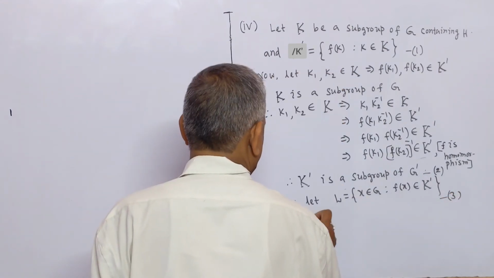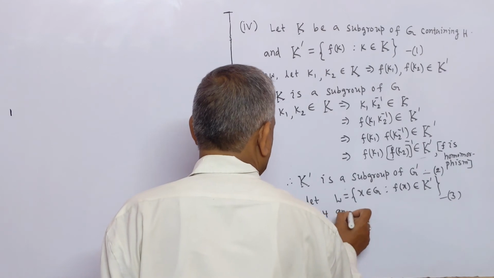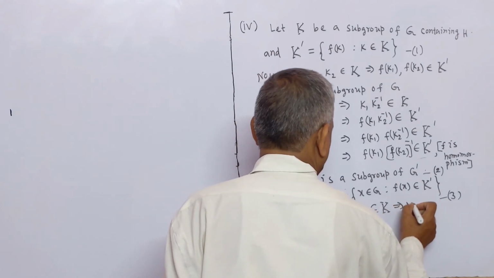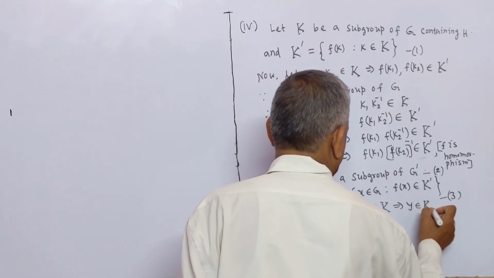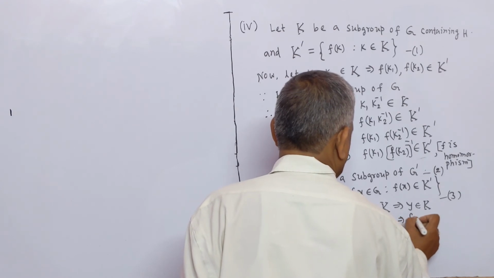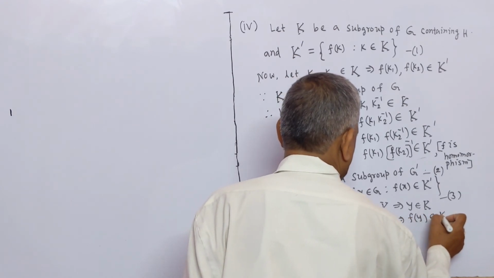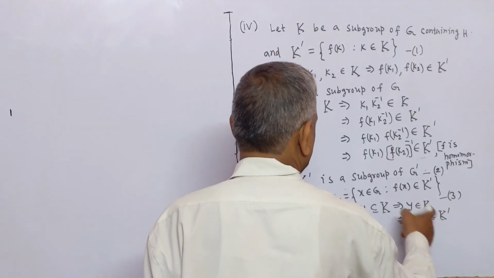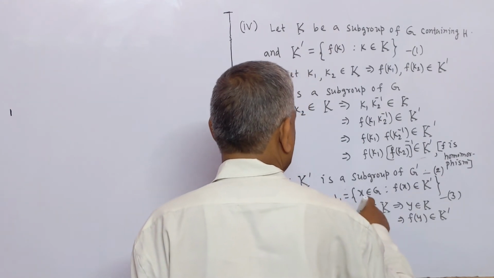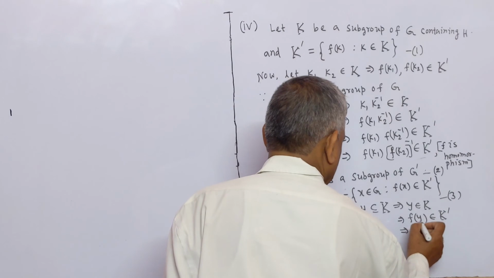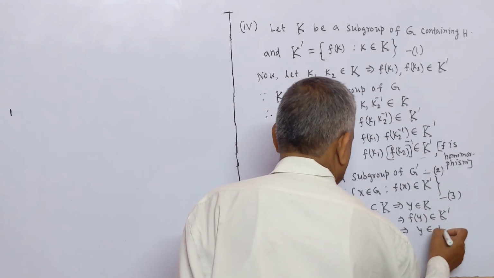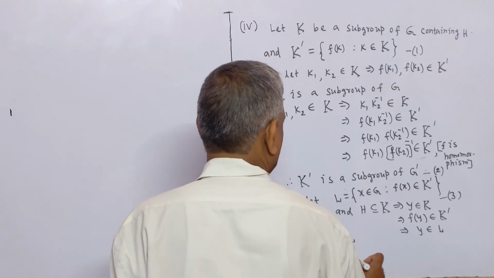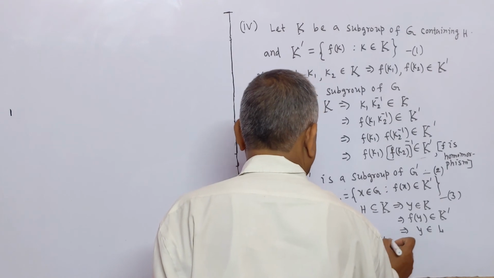Let y belongs to H and H is subset of K, implies that y belongs to K, implies that f y belongs to K prime. And f y belongs to K prime means y belongs to L. Therefore, H is subset of L. This is number 4.